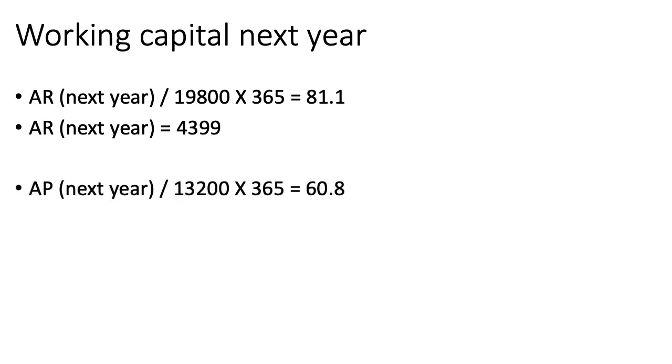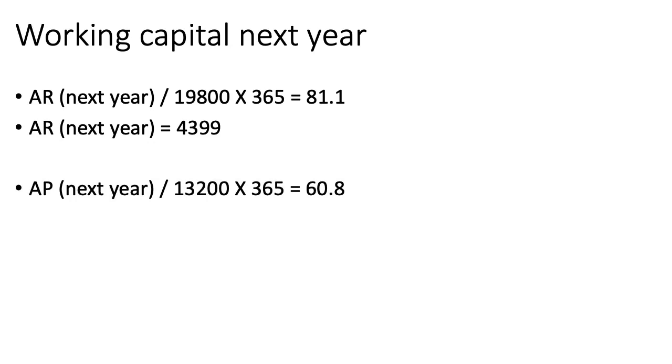We know that our DSO is 81.1. So our AR for next year divided by the sales multiplied by 365 is 81.1. When we solve for AR for next year, it will be 4,399 rupees. Similarly, DPO is 60.8. We know that next year COGS is 13,200.